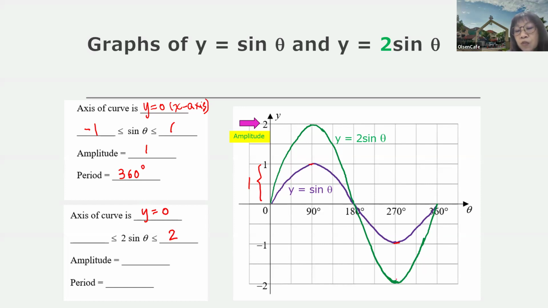And the smallest value of the graph is now -2. So over here, the amplitude is 2. And the period, what we are having here is still one complete cycle, so the period is still 360 degrees. So that is done for the first type of graph, whereby it affects the amplitude.